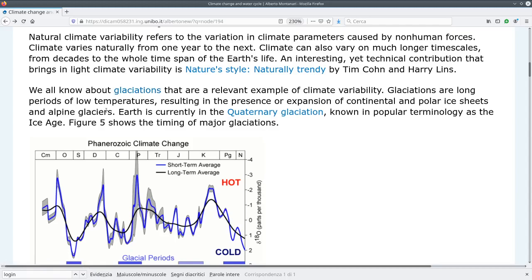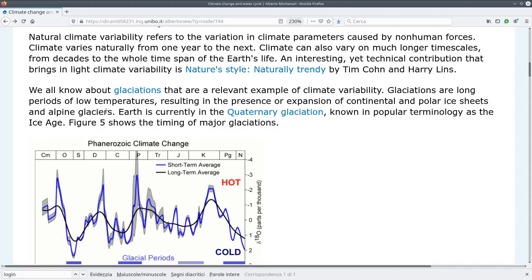They may have been caused by volcanic eruptions. They may have been caused by changes in the orbit of the Earth, changes in the inclination of the Earth axis. If there is a change, by a very small amount, of the orientation of the Earth axis, you may get relevant climate changes.